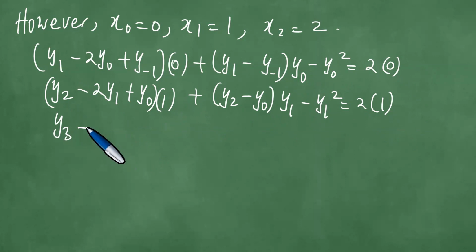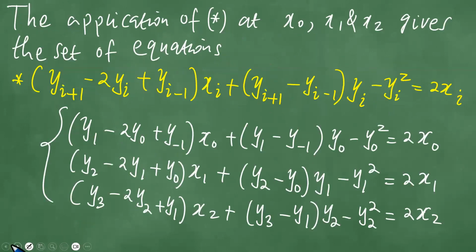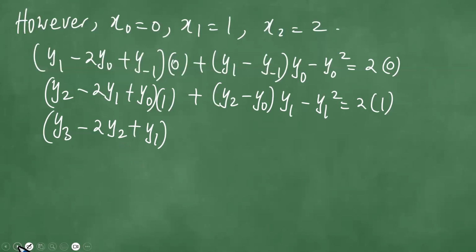Then we have y3, 2y2 plus y1. And then there's an x2, because we're just substituting into this, the x0, x1, x2, just substituting the x's, and then we're going to be left with the y's.